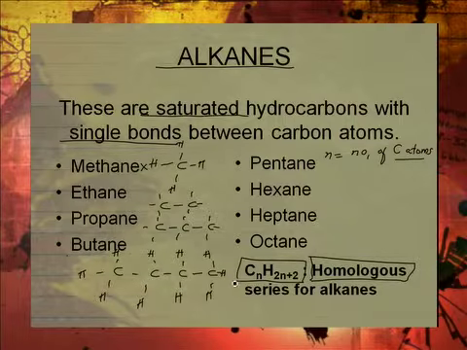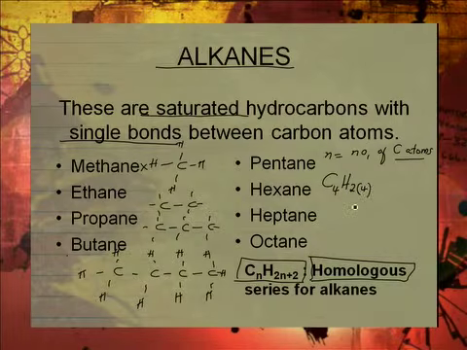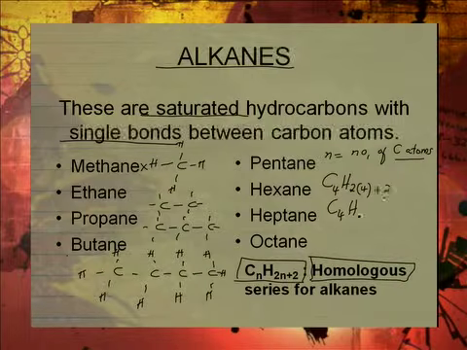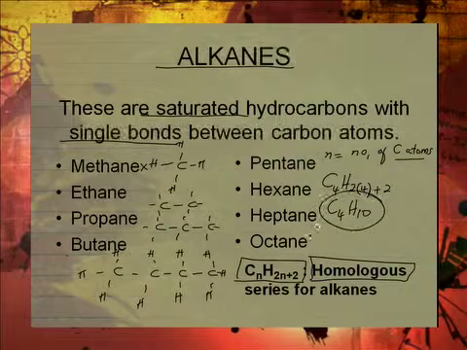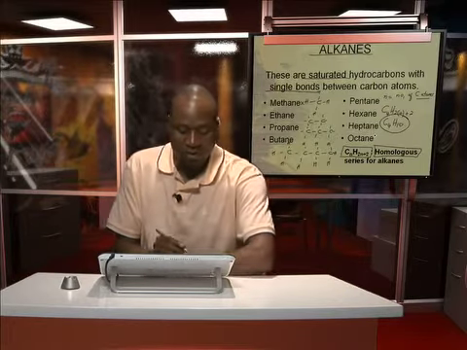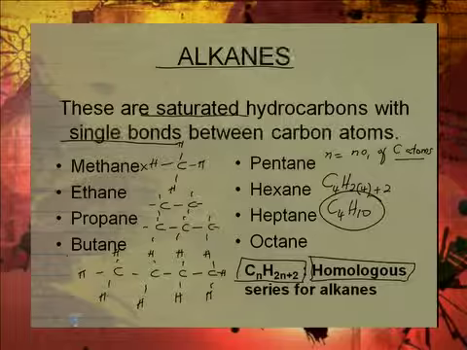If I want to find the molecular formula of butane, it's C4, n is 4, H2 times 4 plus 2. So what is this going to give me? It's going to give me C4H, 2 times 4 is 8, 8 plus 2 is 10. That becomes the molecular formula of butane, C4H10. So that's how you use the homologous series formula.